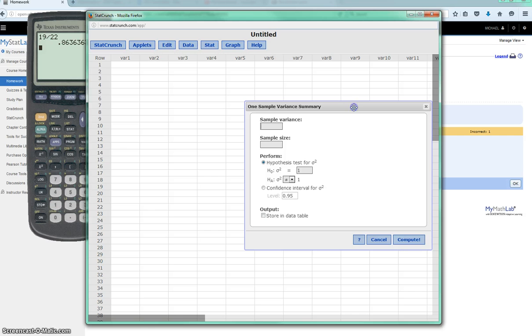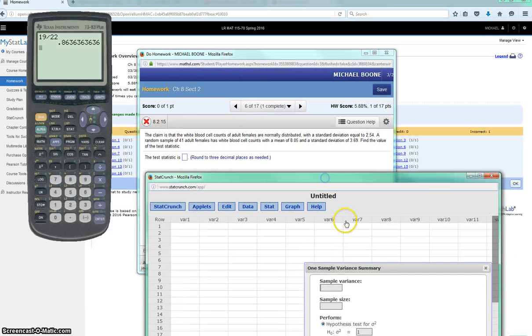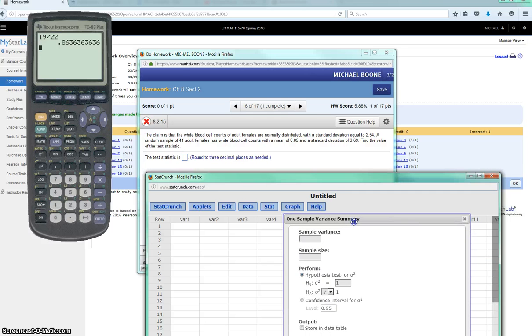So we have some information to put in. Now we know the sample size is 41, but I don't know what the sample variance is. I know what the sample standard deviation is. So to find out the sample variance, I'm going to square it, because that's how we get variance, by squaring the standard deviation.